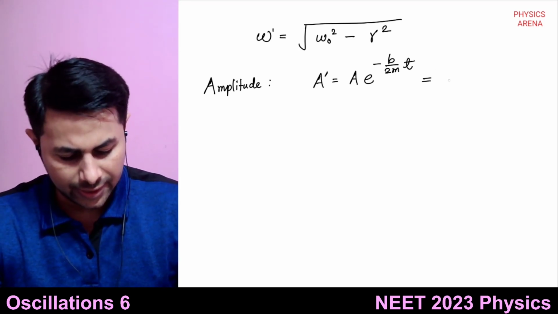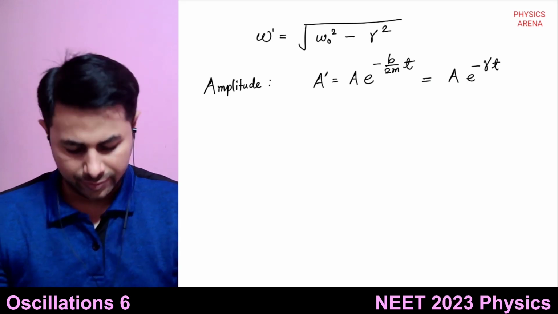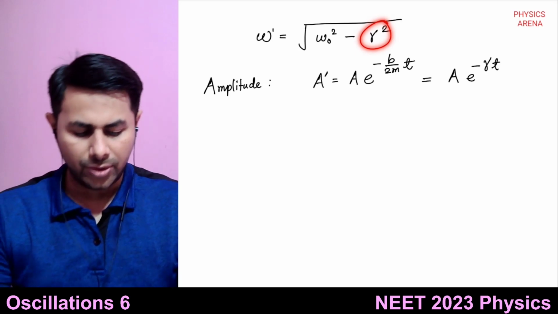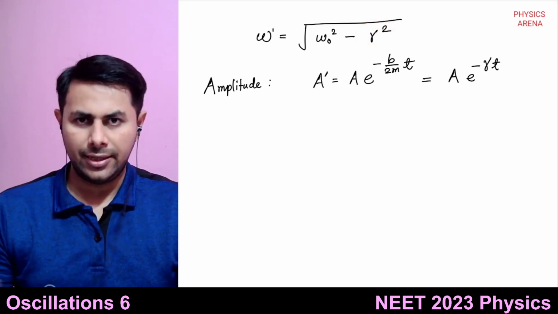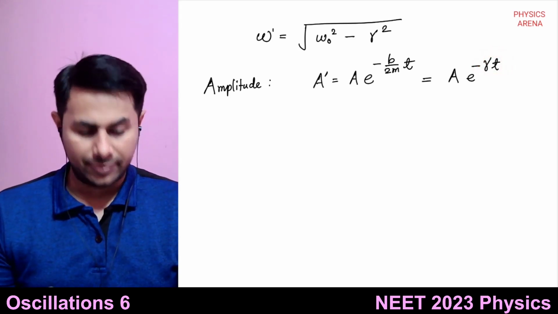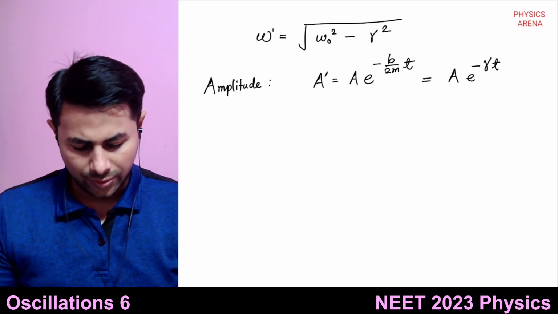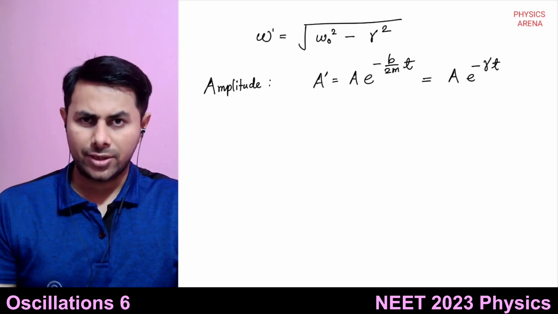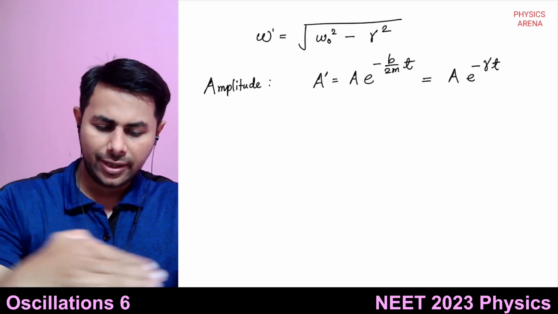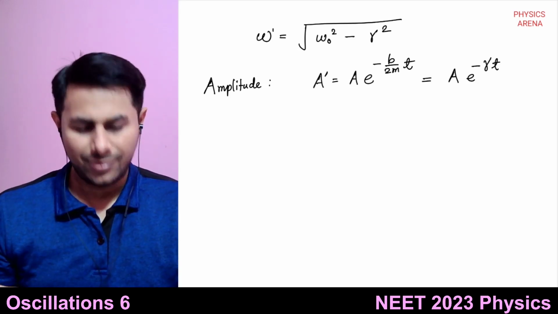We can write this as a multiplied by e raised to minus gamma times t. This gamma is b upon 2m, right? So it is the multiplicative factor of time in this exponent. The amplitude is not constant, it goes on decreasing exponentially with respect to time.